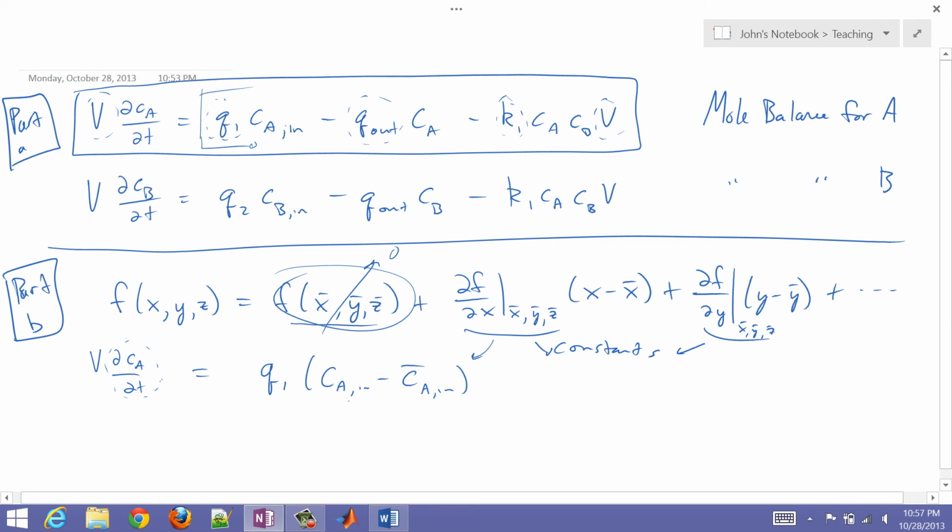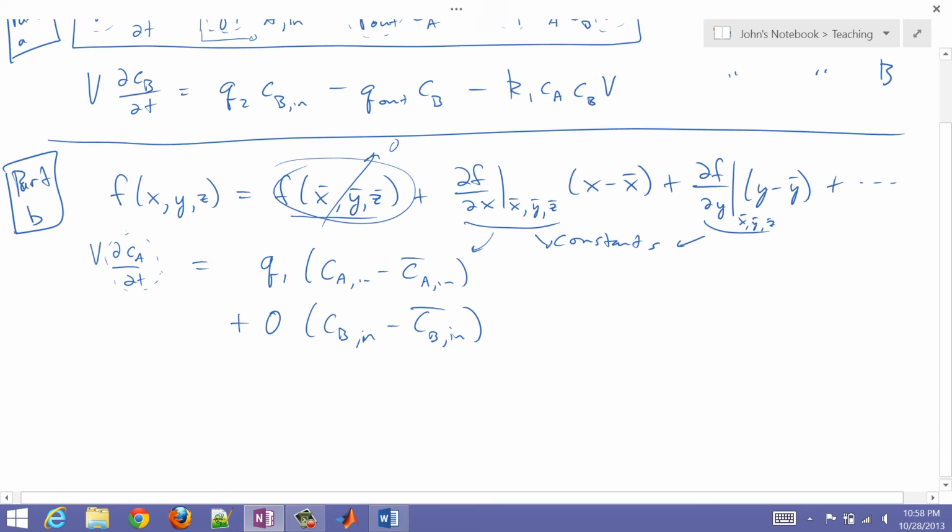So I have CA in minus CA in bar, and then let me do this with respect to CB in. That's 0, there's no CB in in the equation, so that's going to go away.